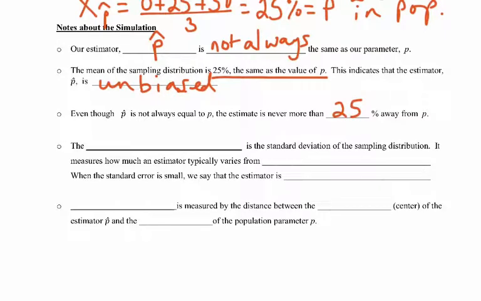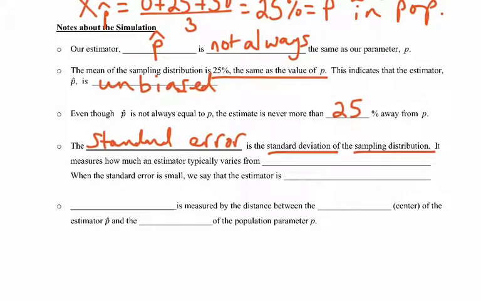And the next thing I want to mention, a new term here, is called the standard error. So the standard error is basically the standard deviation for our sampling distribution. So we remember what standard deviation is. If we're looking at a sample of data, the regular standard deviation tells us how much each data point varies distance-wise from the mean.